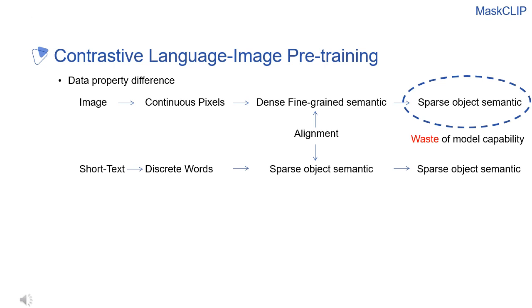On the contrary, the text is discrete words, which has sparse semantics of different objects and could only describe part of the image. The contrastive loss aligns the global representation between them, which may lead the vision encoder to only focus on the text-described objects and ignore the rest of the objects, which might be useful for downstream tasks, and this is a waste of the model capability.